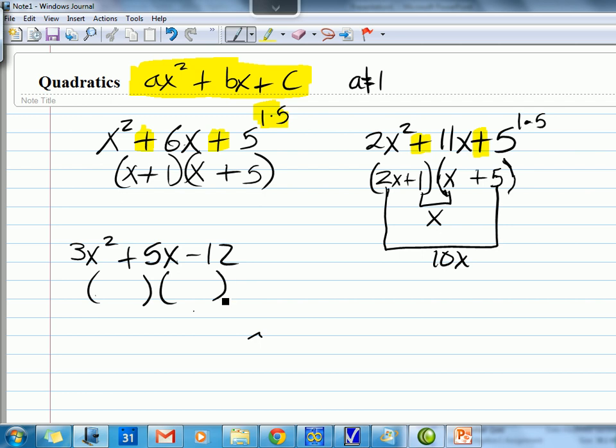First, let's list our factors: 1 times 12, 2 times 6, 3 times 4. We're going to use one of those. In this case, remember, we have 3x squared as our quadratic term, don't we? So we're not going to use x and x or 2x and x. Instead, we're going to use 3x and x.